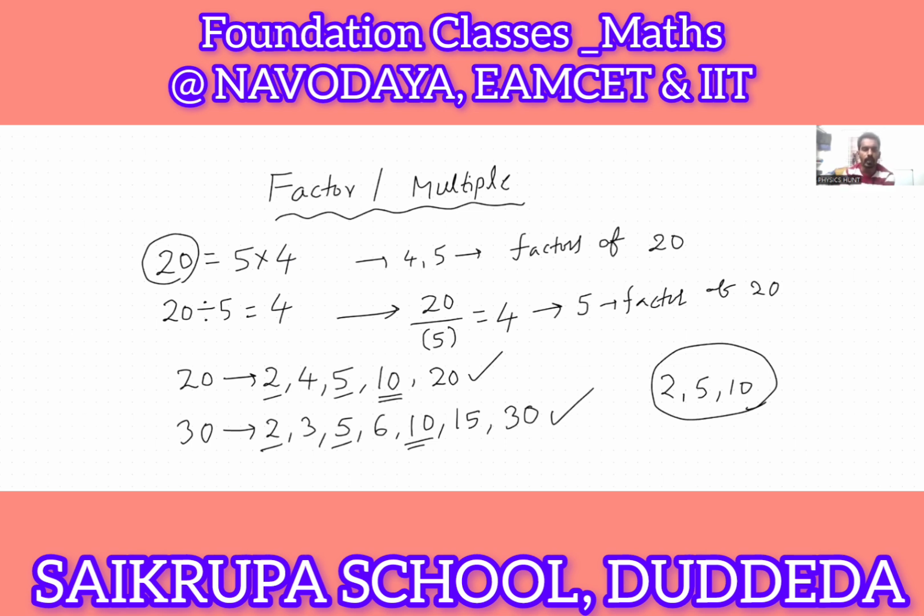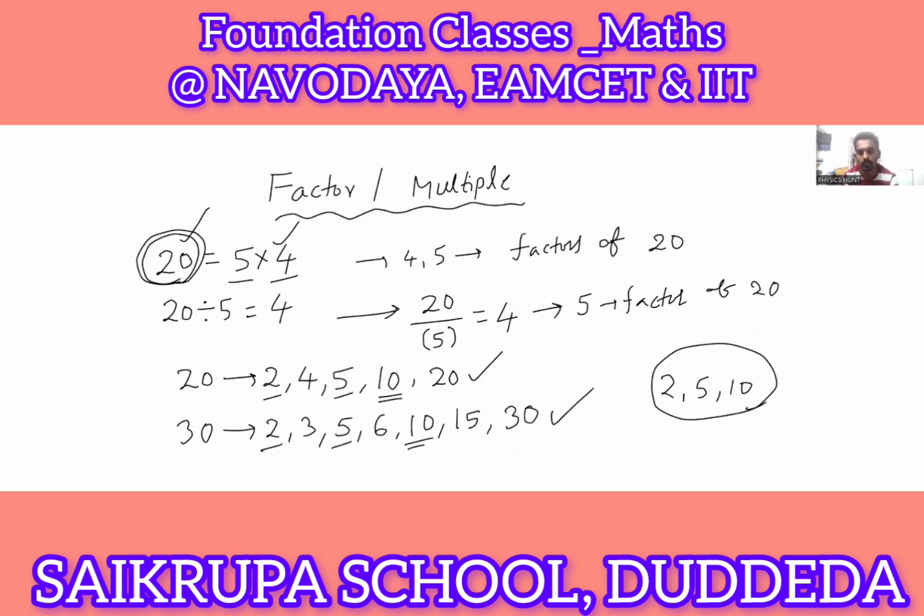When you multiply 5 and 4, 20 is coming. Now you can say 20 is a multiple of 5. 20 is also a multiple of 4.